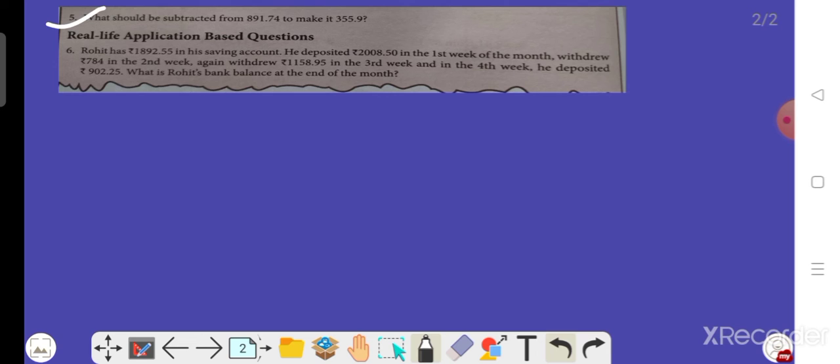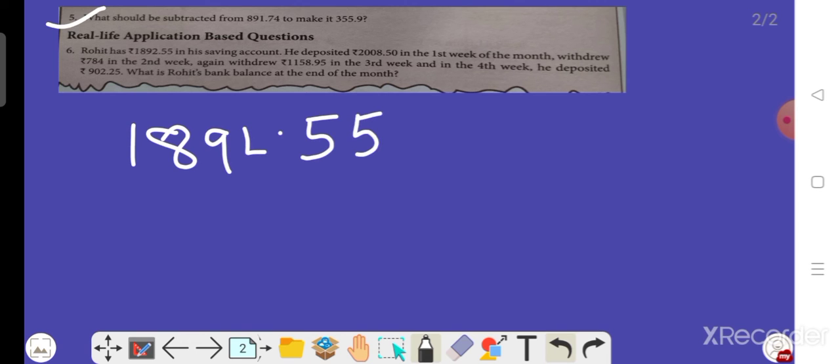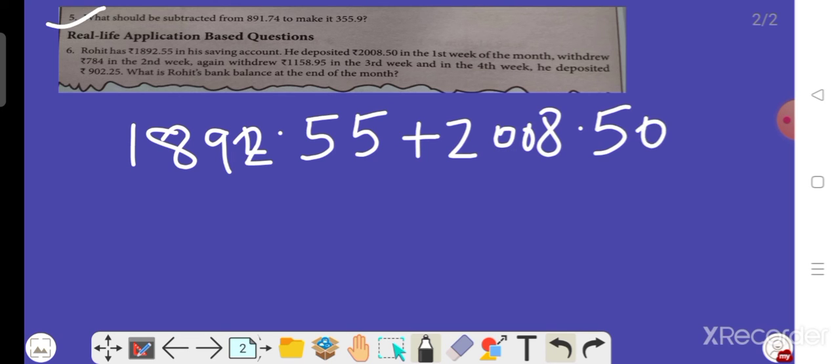In question number 6, Rohit has 1892.55 rupees in the account, and he deposits, which means we have to add the amount, 2008.50 rupees in the first week. Withdrew 784 in the second week.